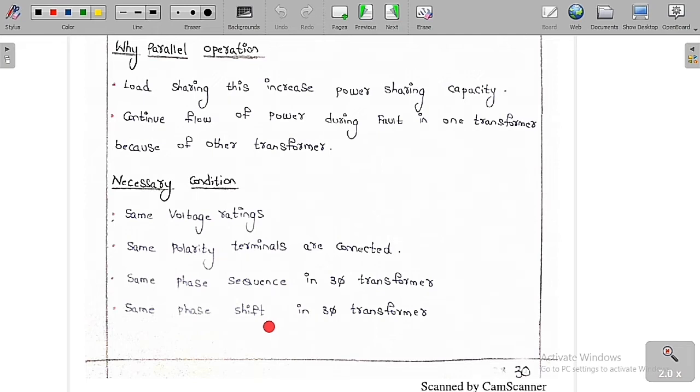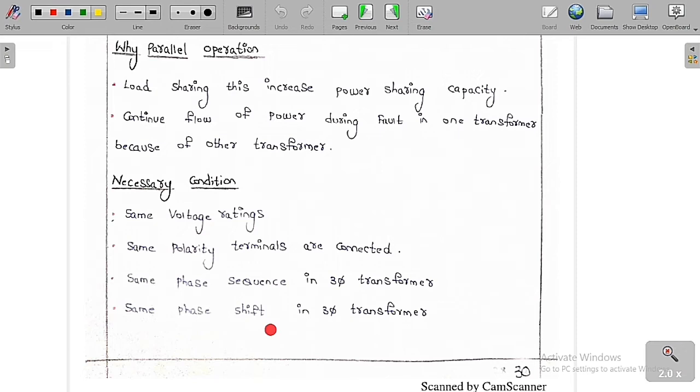Same polarity terminals connected for the primary and secondary, same phase sequence, and same phase shift in three-phase transformers. In a three-phase transformer, the connections and the phase shift are present, and the phase shift should always be the same. If it is star delta 1 degree, the other transformer should also be star delta 1, whether 1 pm or 1 am.